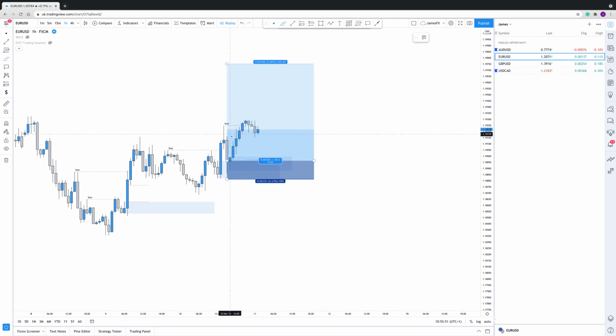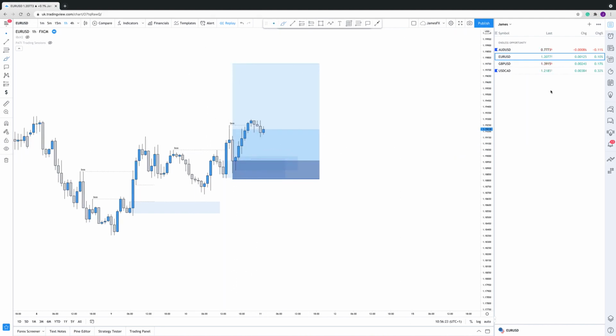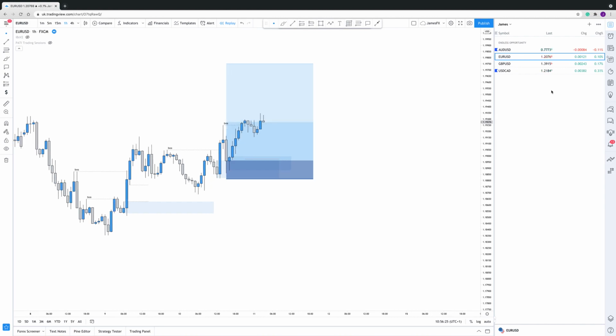But notice how the wicks are meeting on each candle as opposed to here where they didn't. So this is showing me efficient price action, meaning price doesn't really need to come back down to mitigate because it's already efficient. So price could just pull back from here and go. So for that reason, I wouldn't be looking to get involved in a trade or look at this as an order block. But let's put it on just for why not.